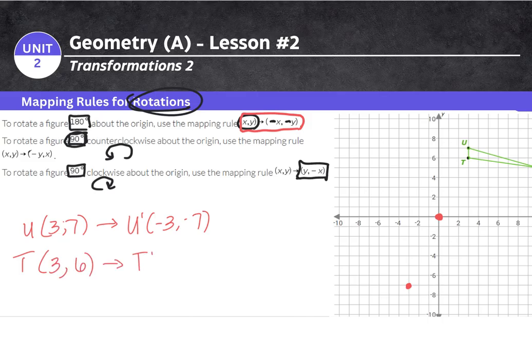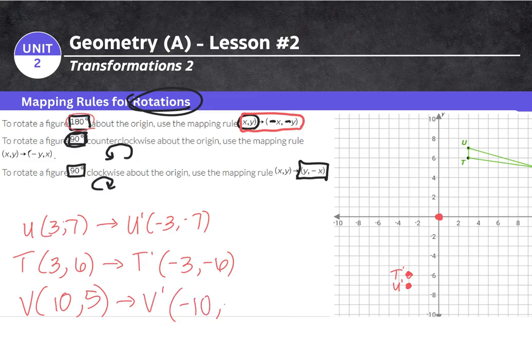So that means our new T, we change the signs or make them opposite, becomes -3, -6. So that's our T. And then last but not least, V, we have 10, 5. And then in order to rotate it 180 degrees, we change the sign. So it becomes -10, -5. Boom, boom. Done.